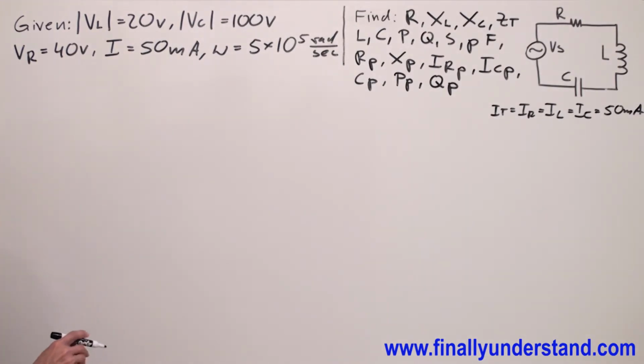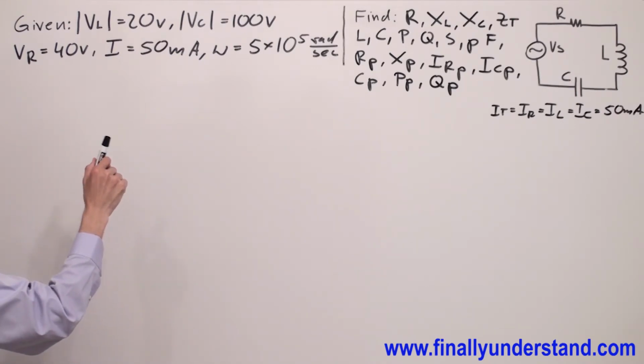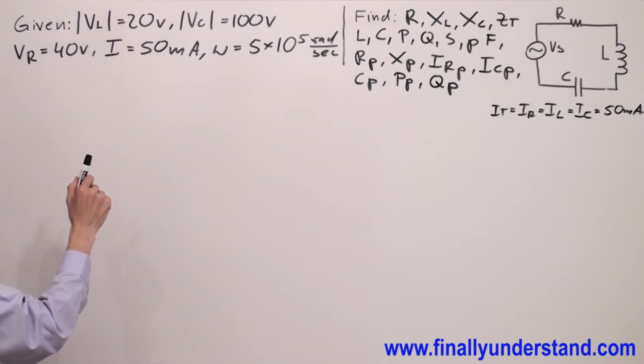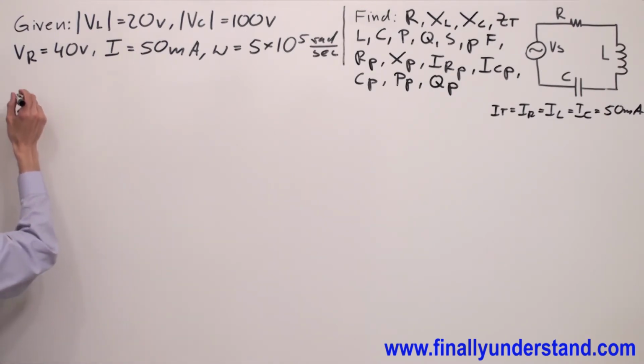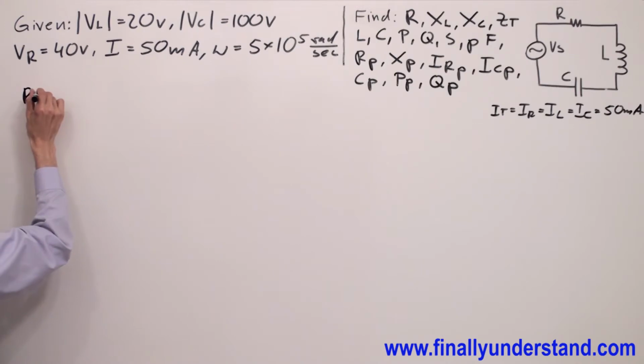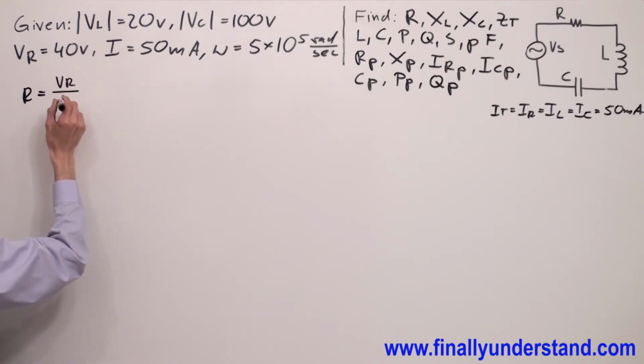Now, we have to find the resistance, inductive reactance, capacitive reactance, and Z total. In order to do so, I'm going to use Ohm's law. Keep in mind that resistance is equal to the voltage across the resistor divided by the current which goes through the resistor.